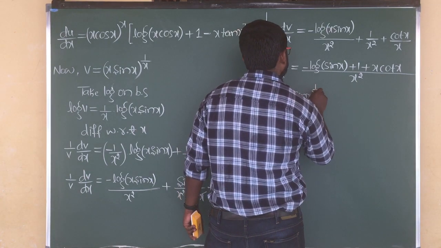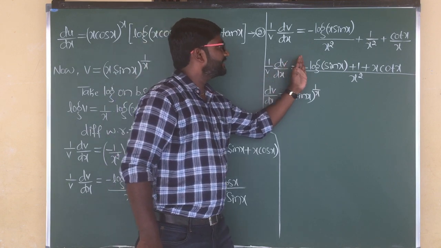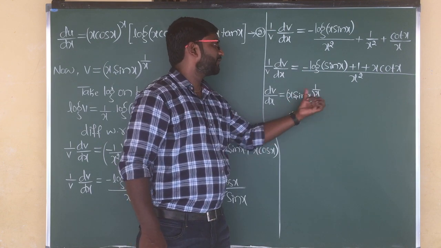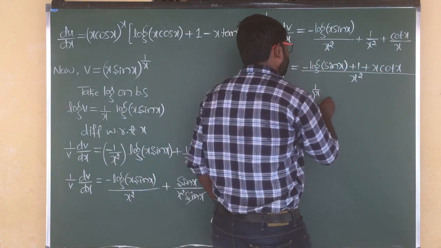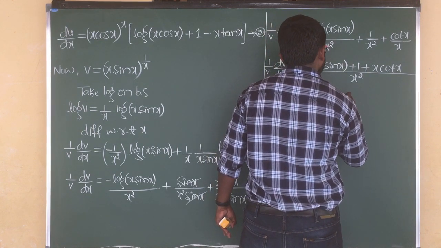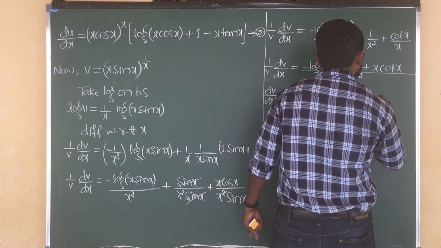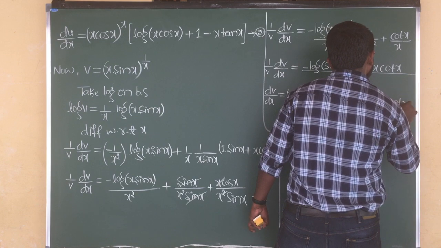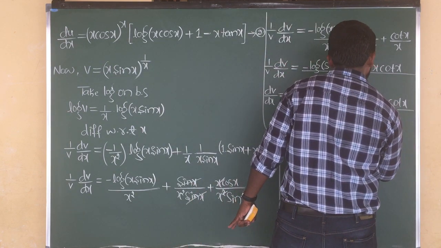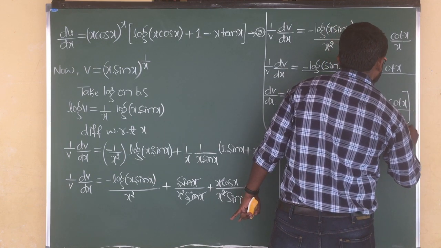So I am taking v to the RHS here, v into this particular term. In place of v, I have written directly x sin x to the power 1 by x. Now write the remaining term as it is, so into minus log sin x plus 1 plus x cot x divided by x square. I call this equation number 3.